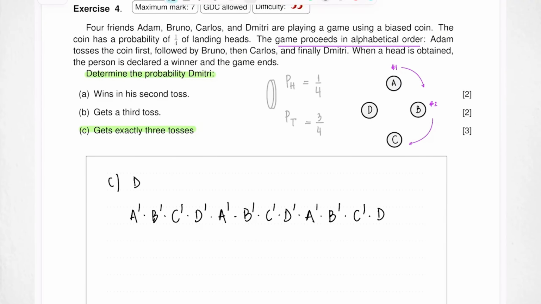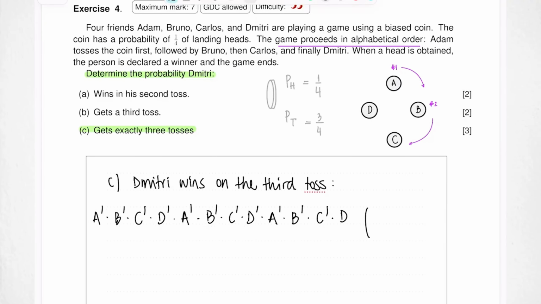However, we do have different situations. This is only one of them. In this case, Dimitri wins on the third toss. And what we have over here is 3 over 4 to the power of 11 times 1 over 4, which represents him winning. This is approximately 0.0106. And what are the other cases?